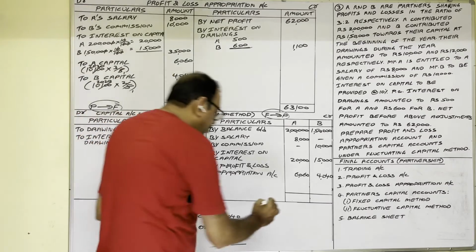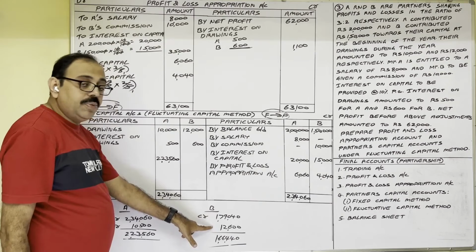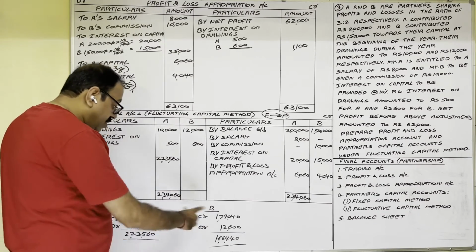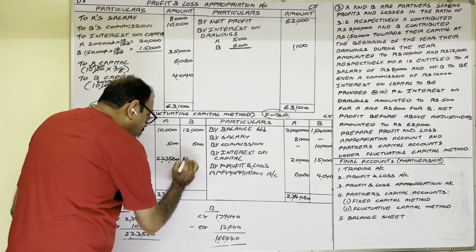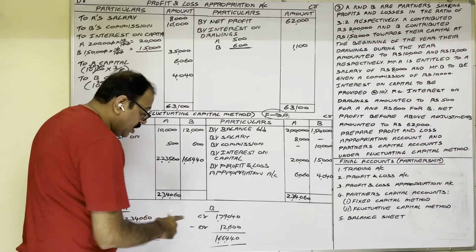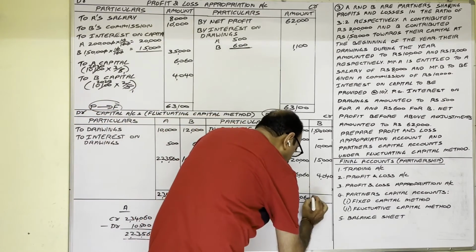Credit side also same. For partner B also same now. Credit total is more than debit total. So the balancing figure, debit side we should write. 1,66,440. Two sides, highest total 1,79,040. Credit side also same.